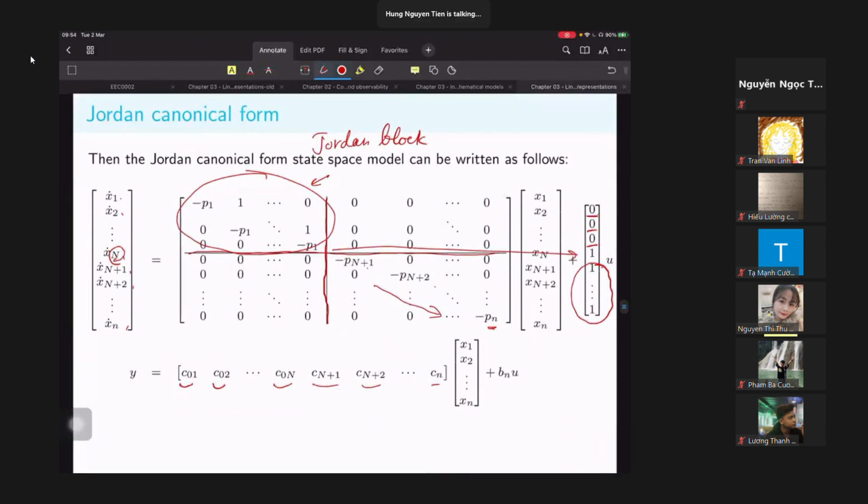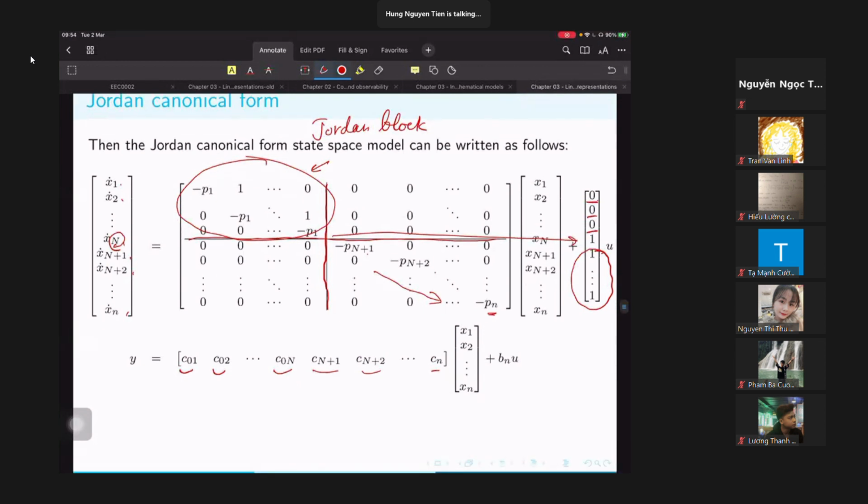But in the last lecture, I already told you that in some cases, because Jordan form, also when written as a Jordan block, in some cases looks like this. It's still like this, so we have 1, 1, 1 here.